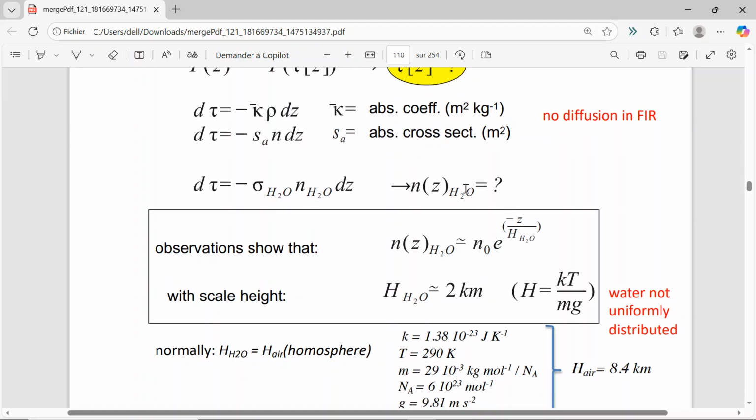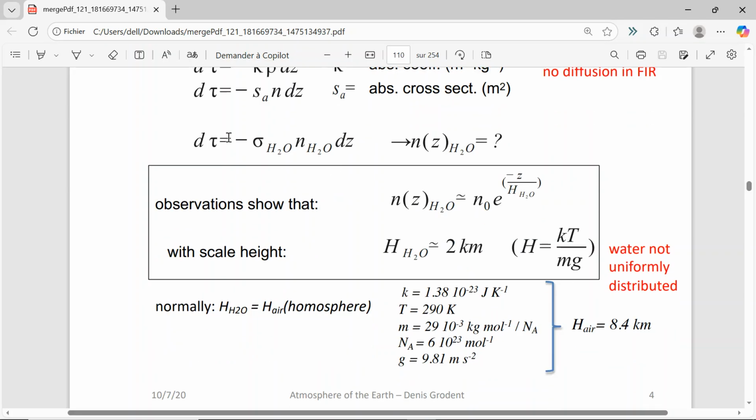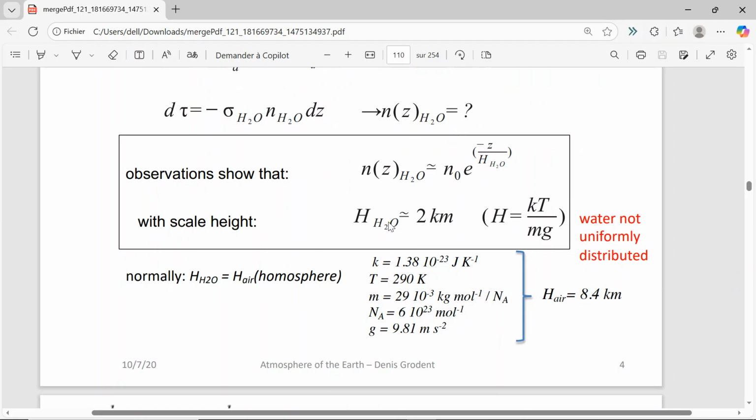However, the density is decreasing with the scale height of the water with altitude. Knowing the scale height of the water being 2 kilometers, we have everything needed in order to integrate and find finally the evolution of the optical depth with the altitude.